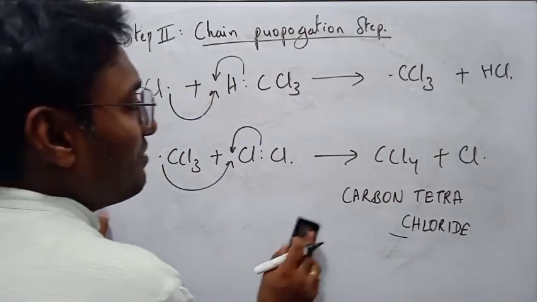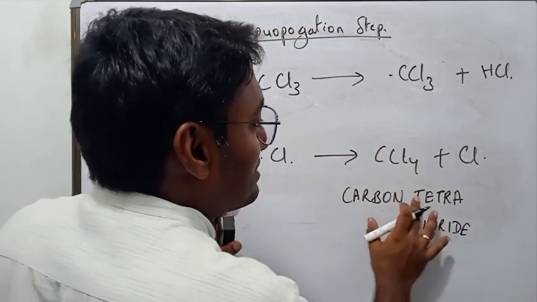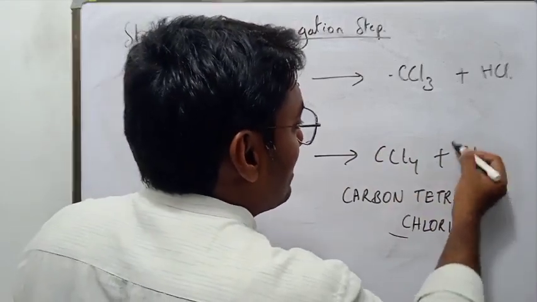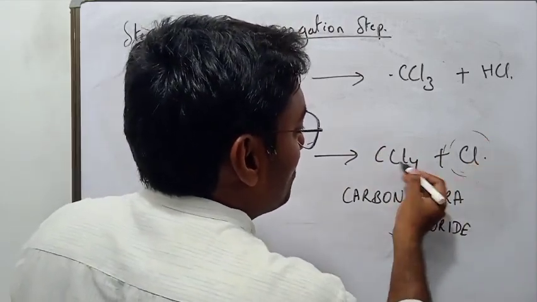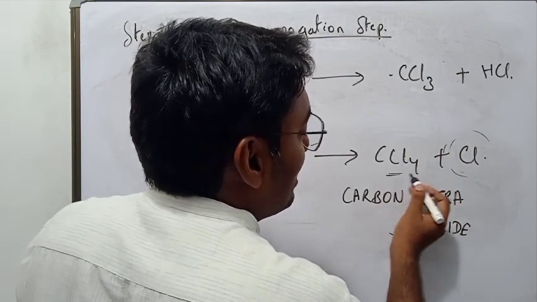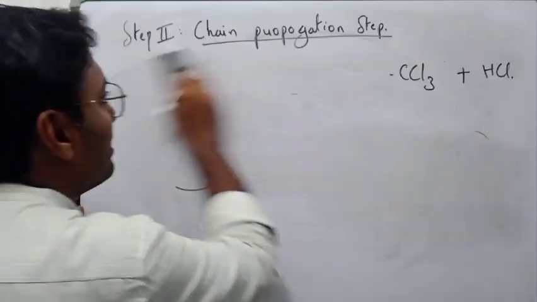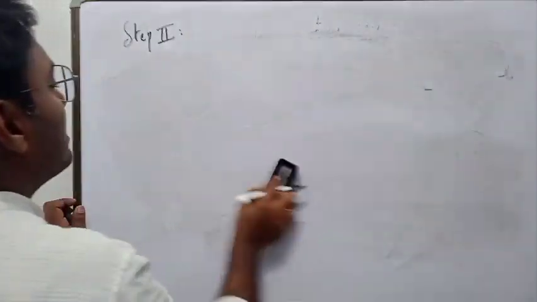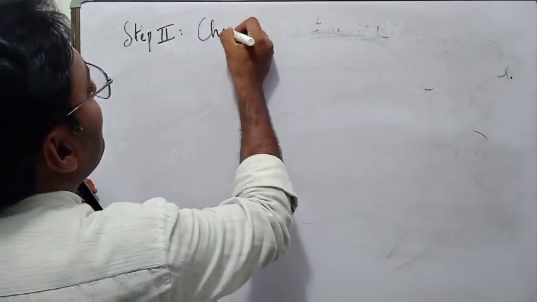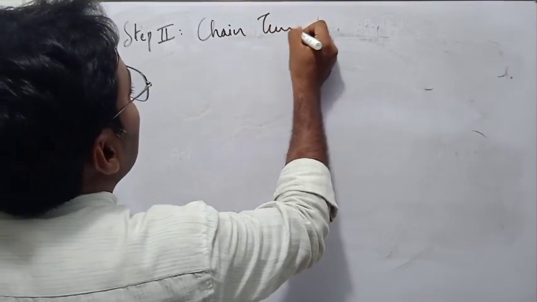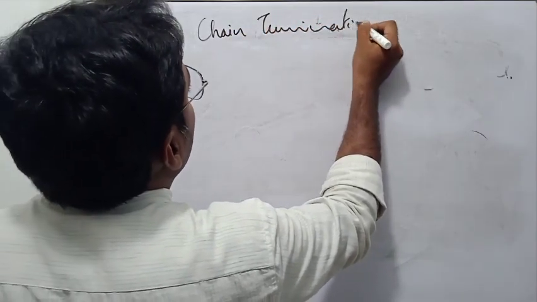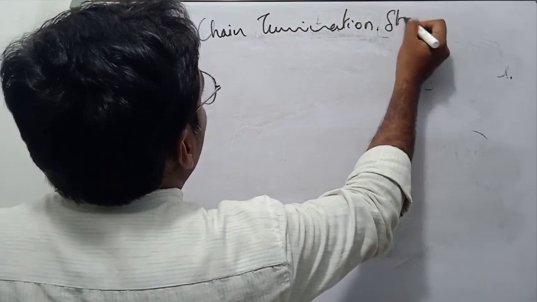Now there will be a time when all these products are formed and the Cl free radical could not take an electron from them. In that situation, what will happen? Step number 3, the chain termination reaction. What happens in this step?